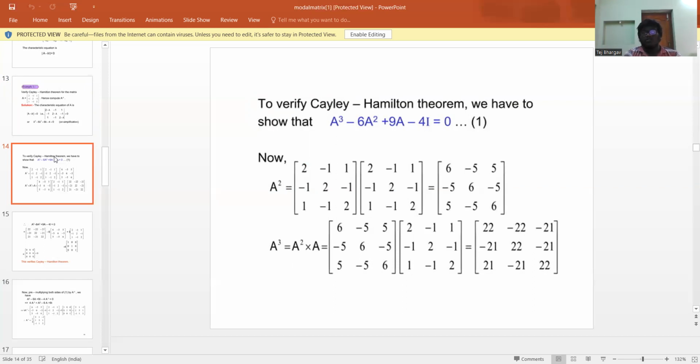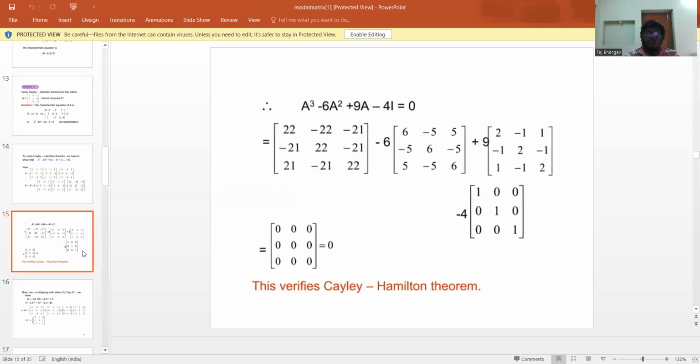A cubed is equal to A squared into A, which is 6, minus 5, 5, minus 5, 6, minus 5, 5, minus 5, 6 into 2, minus 1, 1, minus 1, 2, minus 1, 1, minus 1, 2, equal to 22, minus 21, 21, minus 21, 22, minus 21, 21, minus 21, 22.